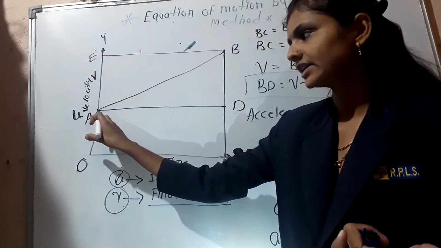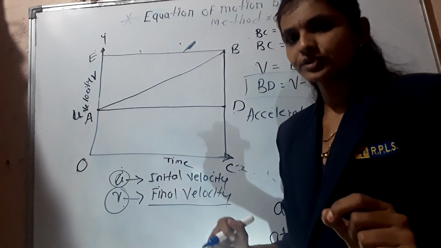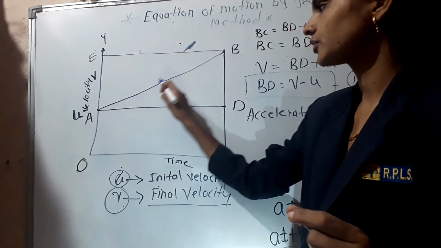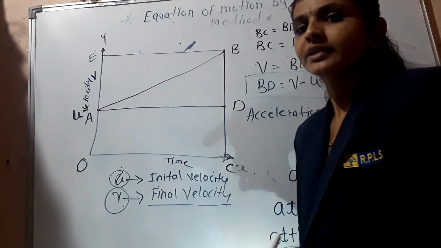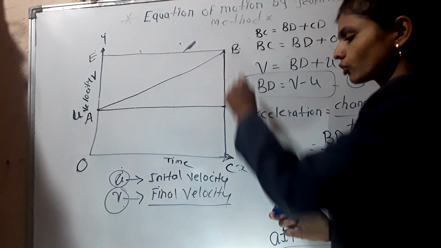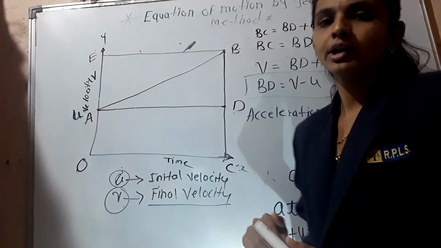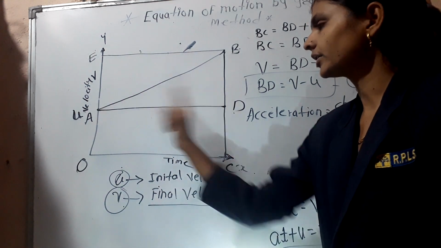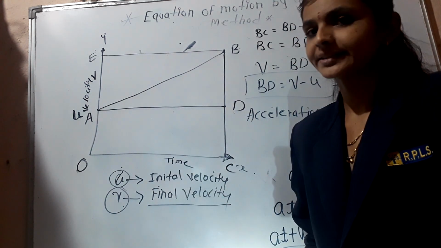So E is the initial point. U is always denoted by the initial velocity. Then from U the velocity started to increase up to the point B. From point B we draw one perpendicular line, then we draw one parallel line along with the x-axis. Then from point A also we draw one parallel line along with the x-axis.